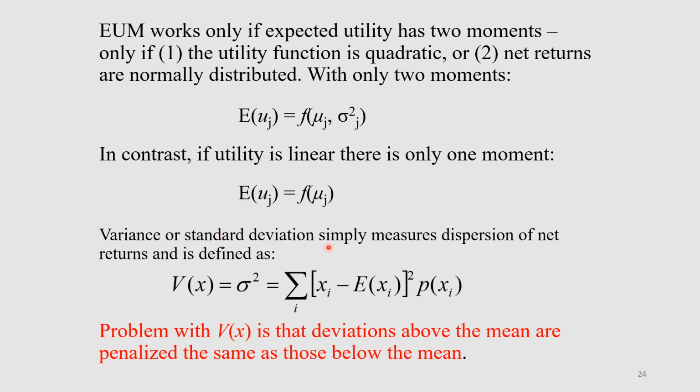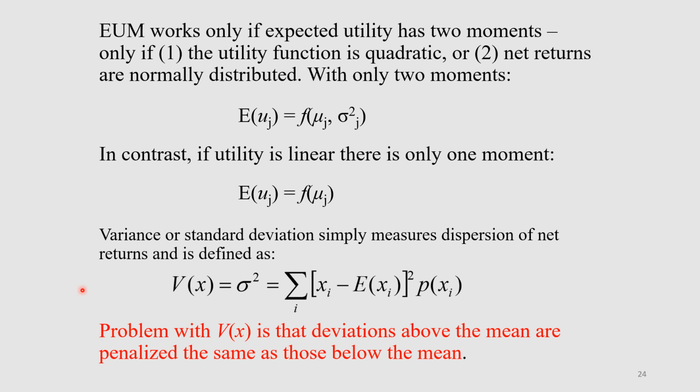Variance or standard deviation simply measures dispersion of net returns and is defined as sigma squared, which is equal to the sum of xi minus the expected xi, or the mean, all squared, summed over all possible outcomes.